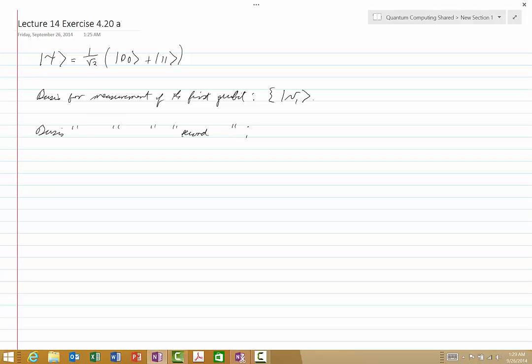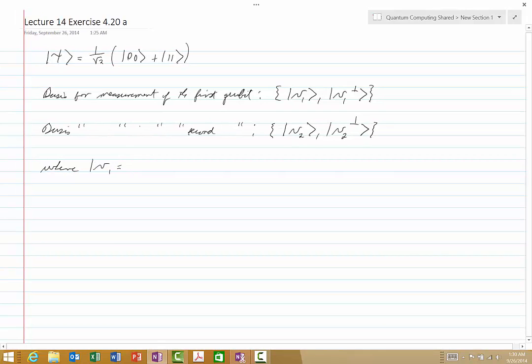And our basis for the measurement of the first qubit is V1, V1 orthogonal, and our basis for the measurement of the second qubit is V2, V2 orthogonal, where V1 is equal to cosine theta 1 |0> plus sine theta 1 |1>.